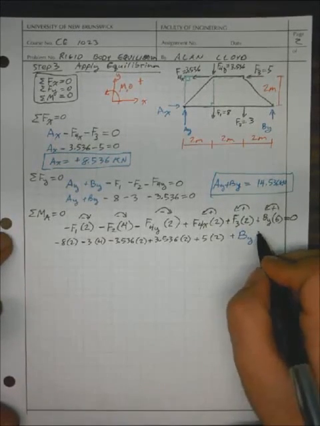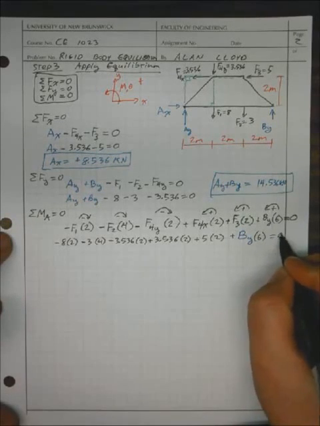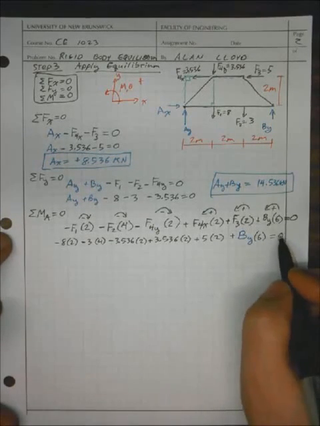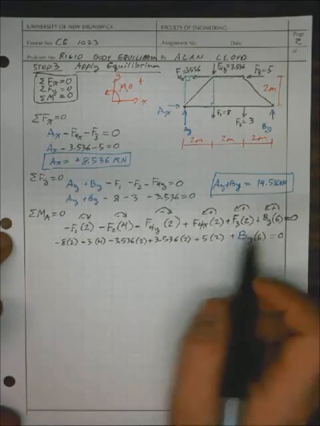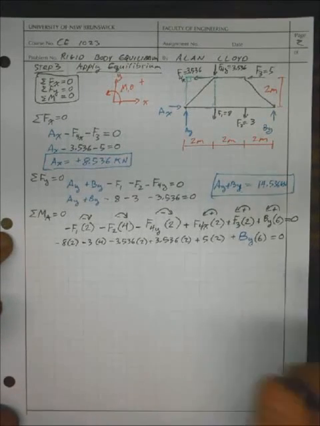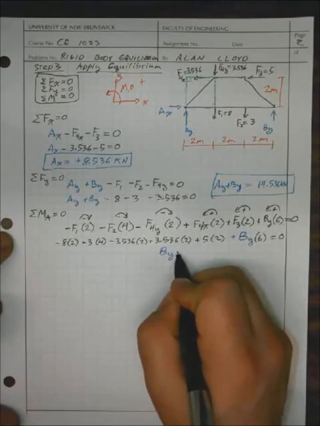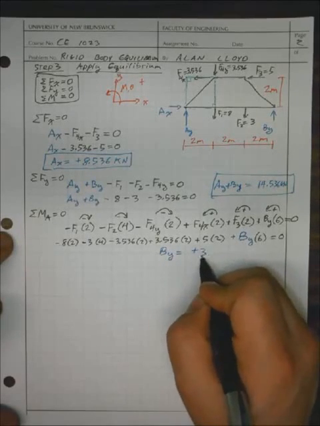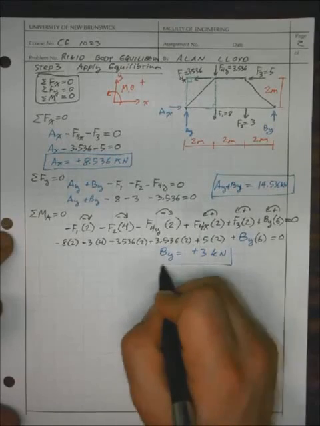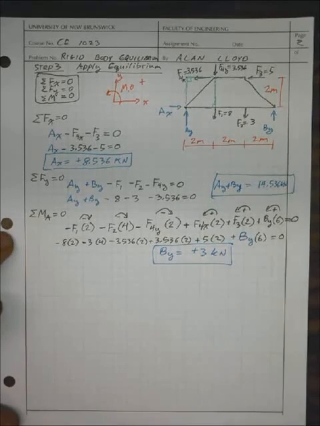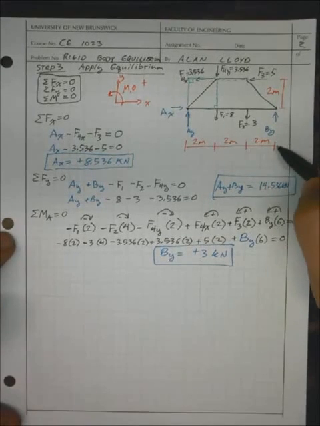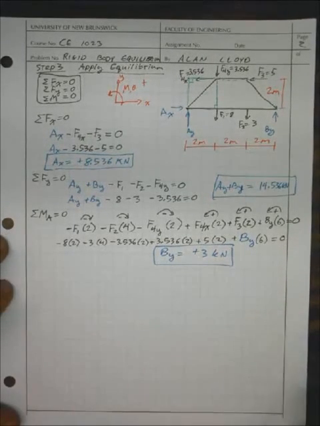By times 6 is equal to 0. And if we just add up all the things that we can and divide by 6, we can say that By is equal to plus 3 kilonewtons. Since it's a positive value, it means that we drew it correctly, and it's a force that's acting upwards.